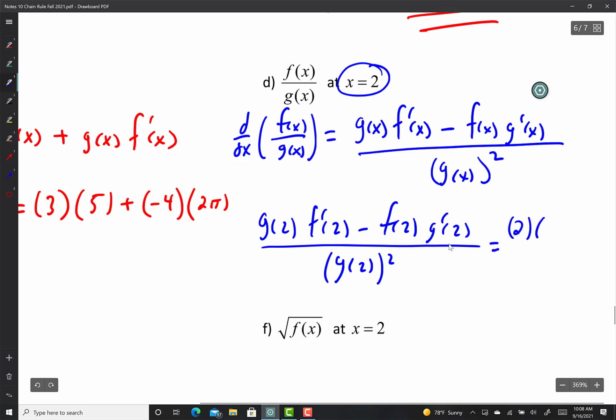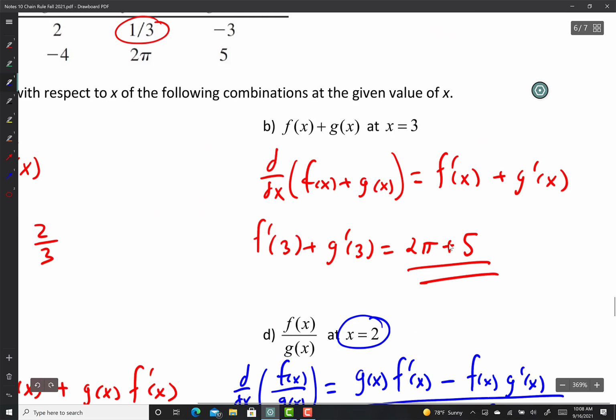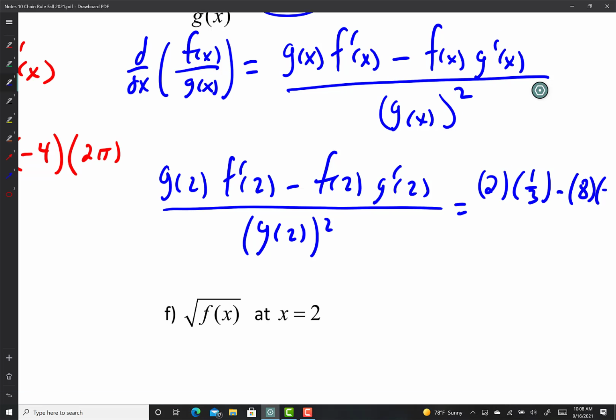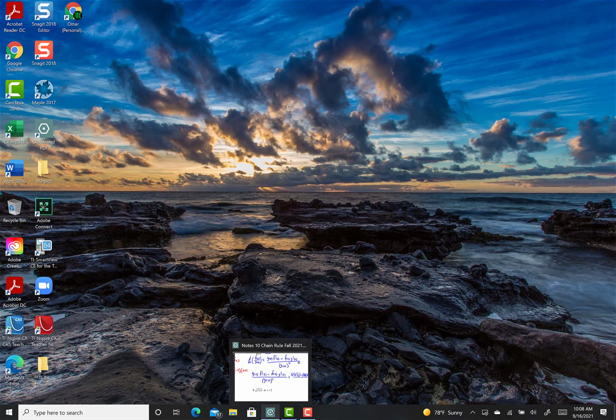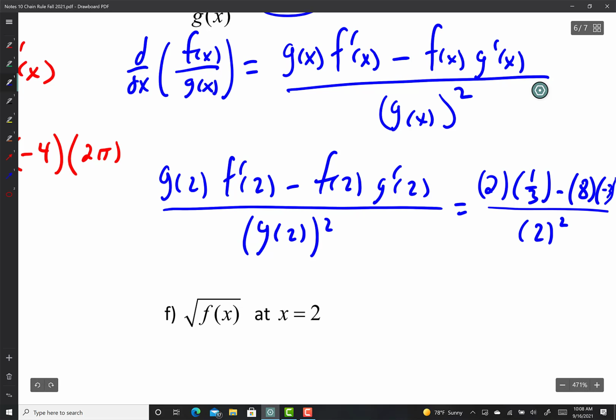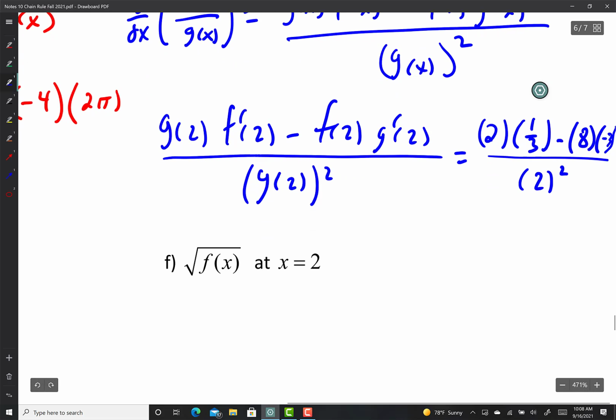What's f prime of 2? 1/3. What is f of 2? 8. What is g prime of 2? Negative 3. Oh, man. Sorry, I'm running out of space here. So negative, can't do anything right. Negative 3. All over, what was g of 2 again? 2 squared.